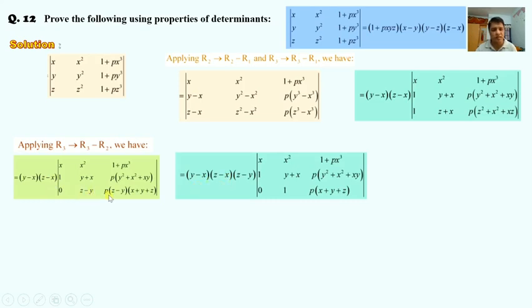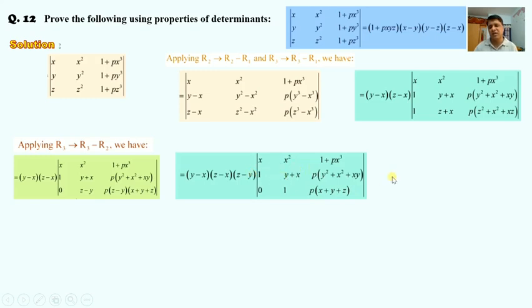Now z minus y taken common from R3, as you can see here we have 0, so it doesn't make any difference. So z minus y also we have taken common from R3, so R1 R2 as it is, and 0, z minus y went out, so 1 here, and z minus y from here, so that is 1, and p into x plus y plus z.